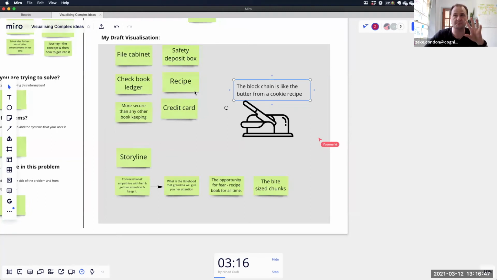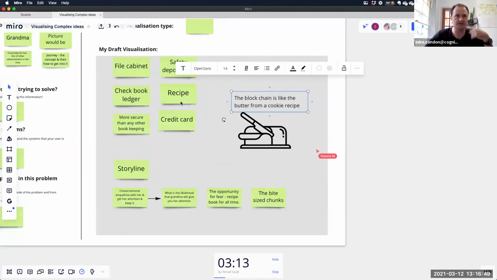So we came up with a couple of different visualizations, which helped us move into the concept of a metaphor, but then also using a storyline of how that metaphor evolves, and then tagging certain things to that metaphor, so you can go, okay, it's this, it's this, it's this, so that grandma gets the concept, may not remember all of the details, but can come back to you and go, tell me that story about the cookie again. Right? And how that, that's right.